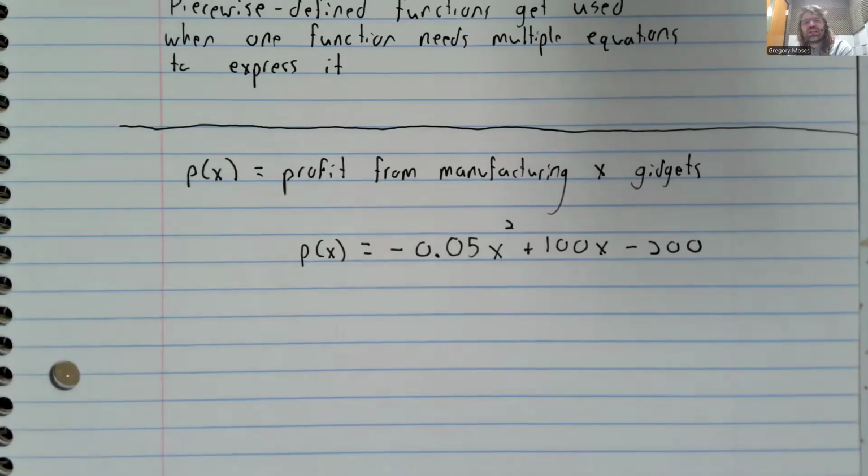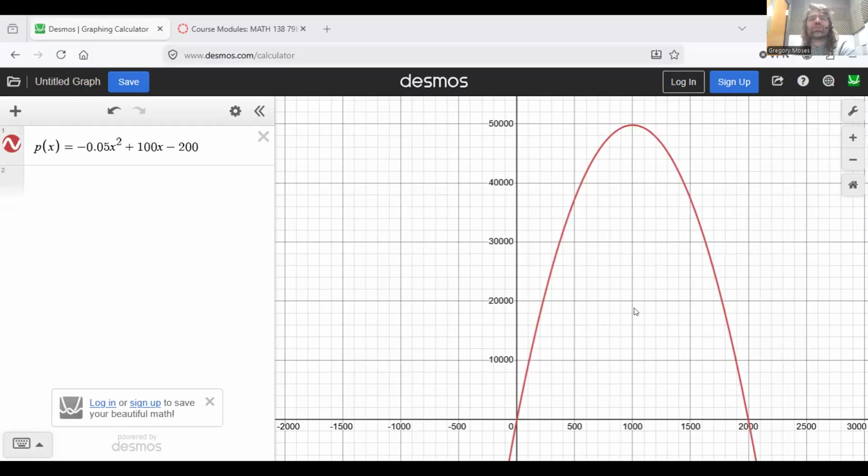P of x is negative 0.05 x squared plus 100 x minus 200. If we look at the graph, well, it's a quadratic. If you're not selling much, you're not making a profit. In fact, if you sell nothing, you're making a loss.